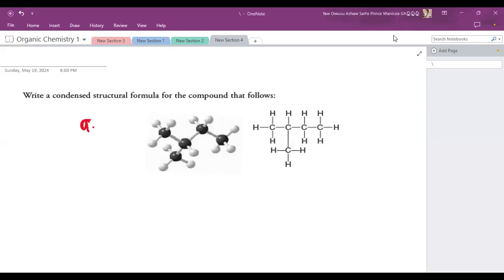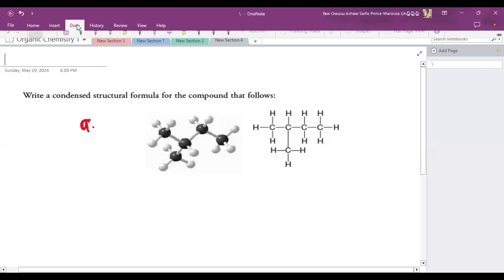So the condensed formula can be written as follows. The first one, the black represents carbon. So we will write our carbon here.